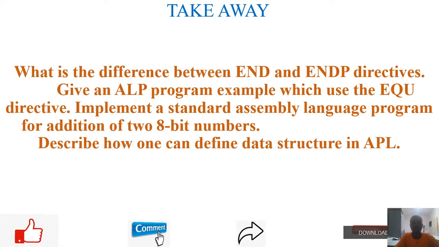Assembly language. What is the difference between that? What is the difference between END and ENDP directives? Give an ALP program example which uses the EQU directive. Implement a standard assembly language program for addition of two 8-bit numbers. Describe how one can define a data structure in ALP.